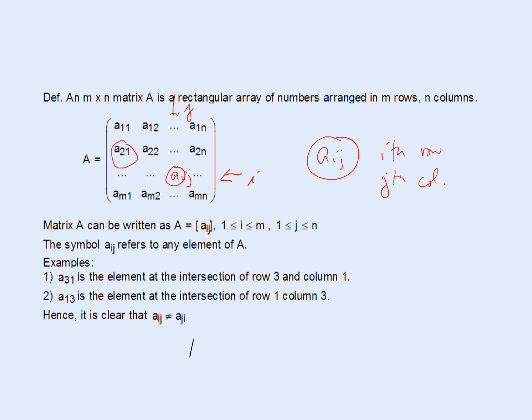So a sub 21 refers to the element found in the second row and first column of matrix A. a sub 31 is the element at the intersection of row 3 and column 1. a sub 13 is the element at the intersection of row 1 and column 3. Take note that aij is not equal to aji. So the first subscript refers to the row and the second subscript refers to the column.